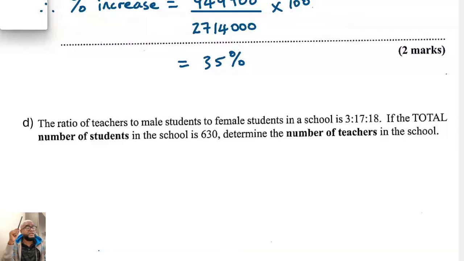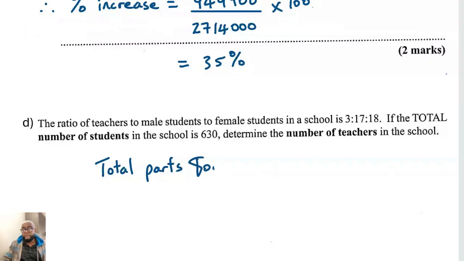So the mission would always be to find out what one part is, right? So how many parts represent the total amount of students? 35 parts. Very good, Antonio, and very good, Leon, it's 35 parts. So I'll put total parts for students, right?